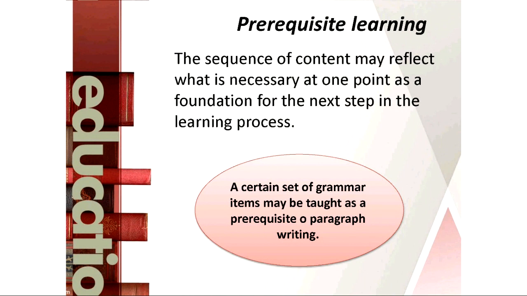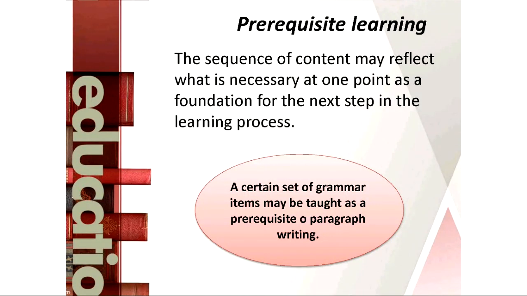We have to think about prerequisite learning. When you think about the sequence or the order of the content, we start with what? As a foundation for the next step in the learning process.